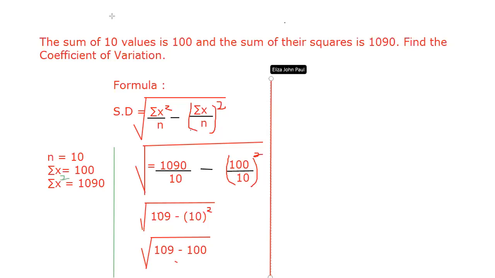What is the square root of 9? It is 3. When we remove the square root from 9, we get 3. So the standard deviation is equal to 3. Got it? Any doubts?